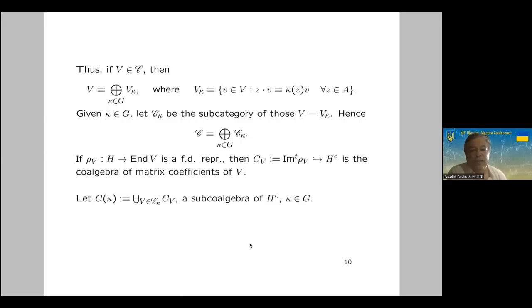So C kappa is a subspace in principle of H dual, but it is easy to see and fairly obvious that this is really a subcoalgebra of the finite dual H0, and this for any kappa in G.